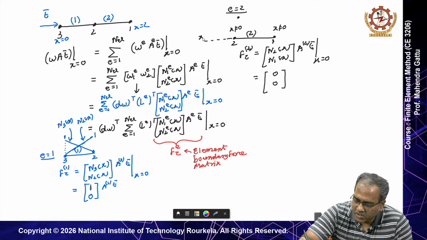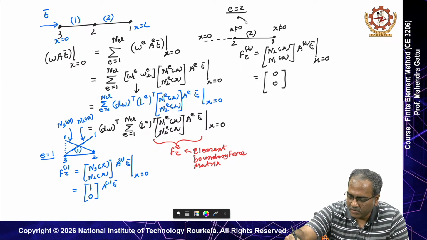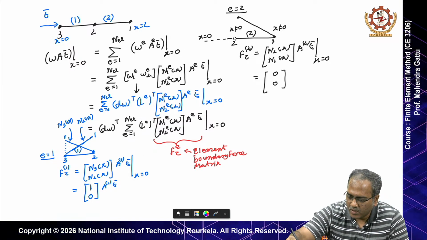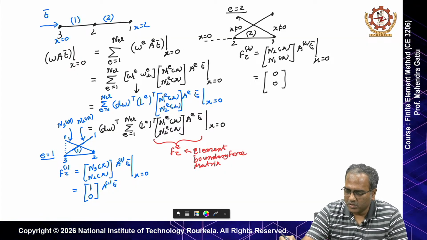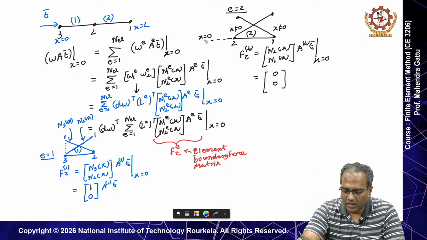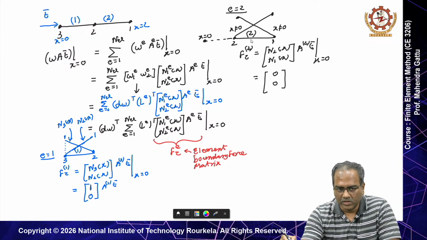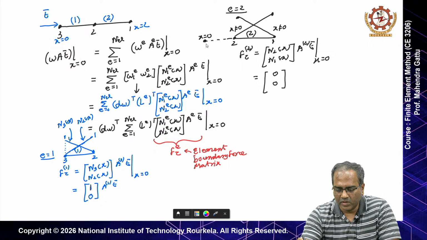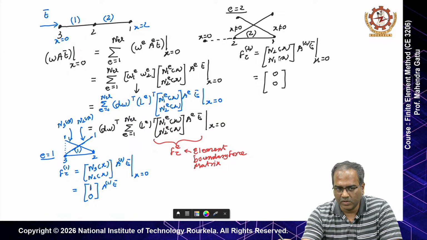So, x equals 0 is here. At the remaining shape functions, those will disappear, because x equals 0 is outside that element. Okay. So, if the value we are evaluating is outside the element, the shape function values will go to 0.